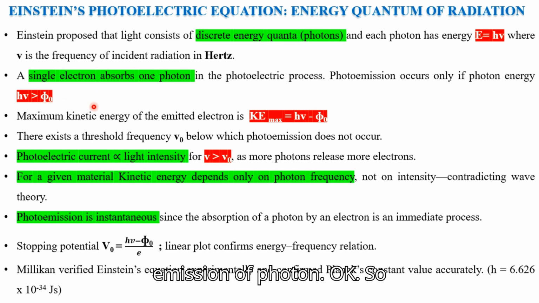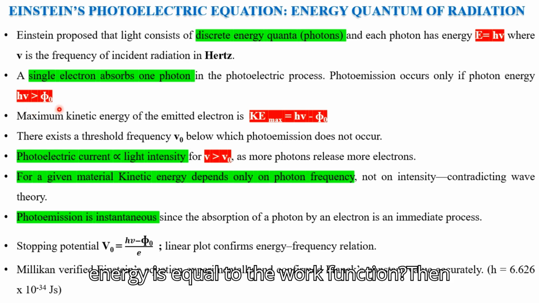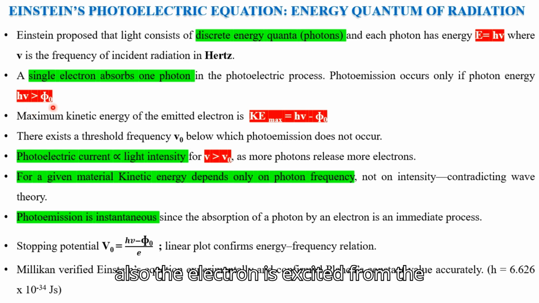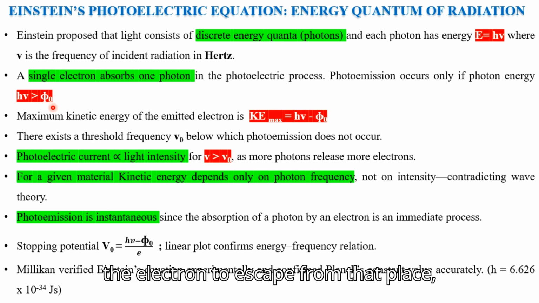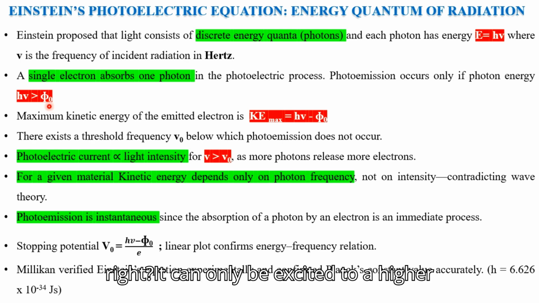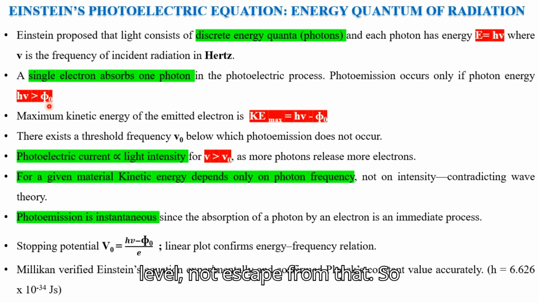Okay, so you can also think, what if the energy is equal to the work function? Then also the electron is excited from the ground level to the vacuum level, but still there will be no emission because there is no energy for the electron to escape from that place, right? It can only be excited to a higher level, not escape from that.